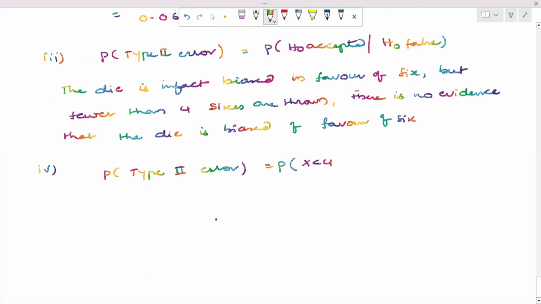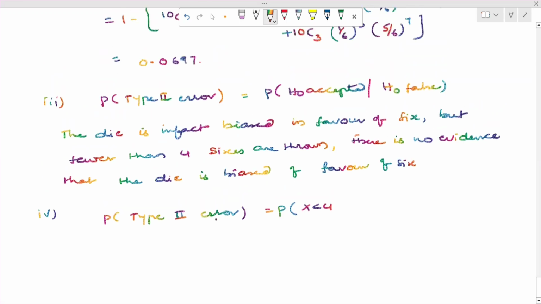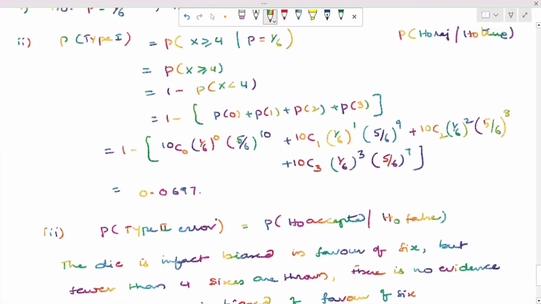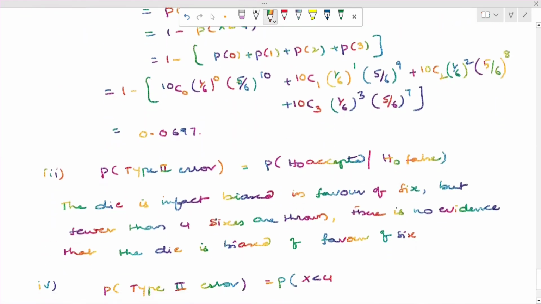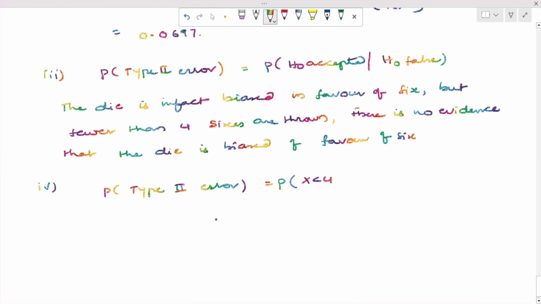X greater than or equal to 4 is where the null hypothesis is rejected, and less than 4 means the null hypothesis is accepted over here, given that P of 6 is 1/2. The probability is already given as 1/2.